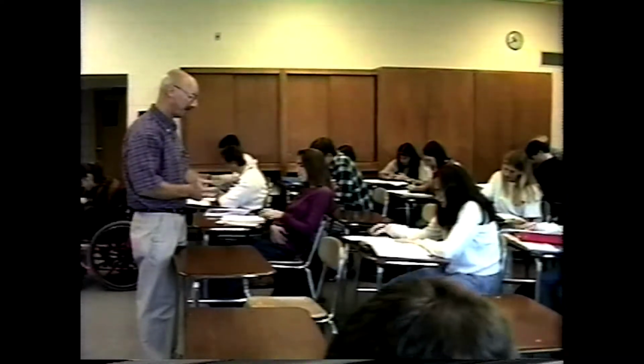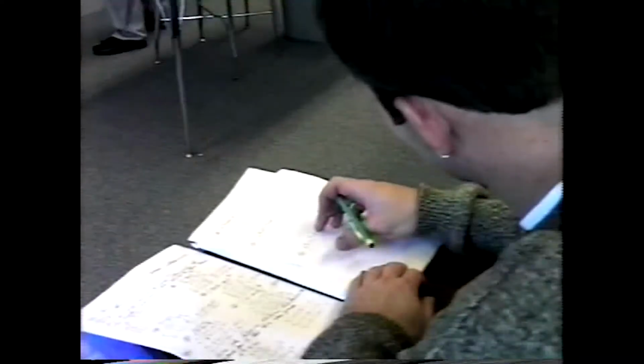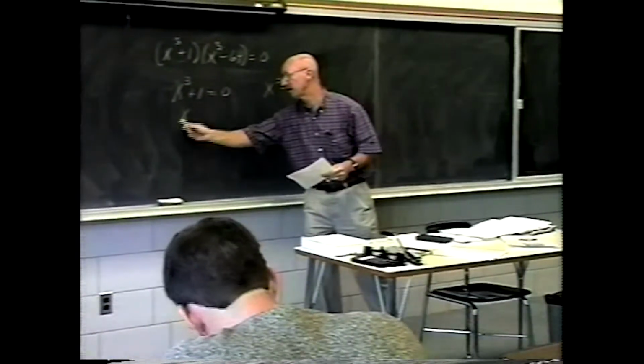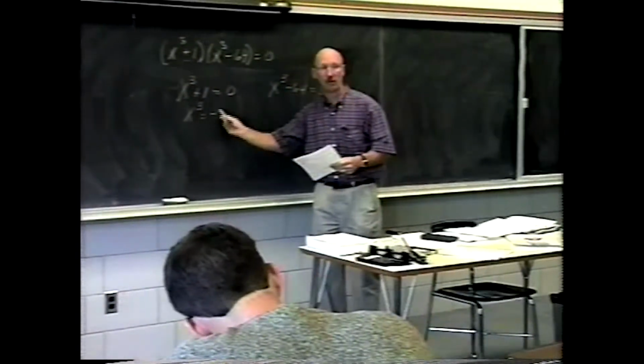Okay, then on the back side, there was a couple of those that you... Number 3 actually sets up number 4 for you. Okay? We've got x cubed plus 1 times x cubed minus 64 is equal to 0. And we want to solve this by de Moivre's theorem. All right? When you've got the product of 2 factors equal to 0, for the first one, you've got x cubed equals negative 1.